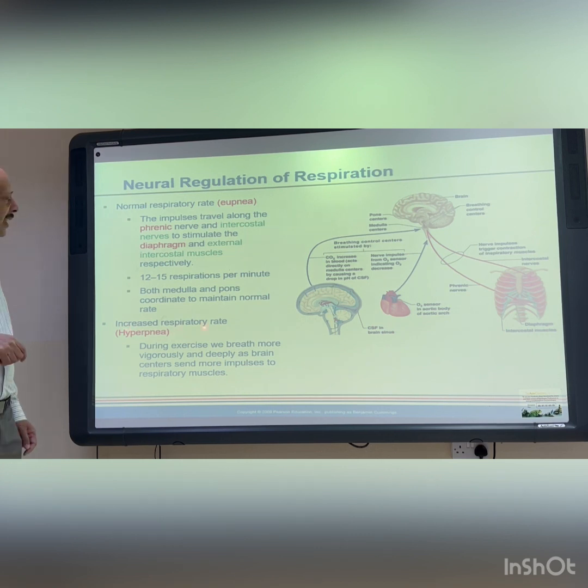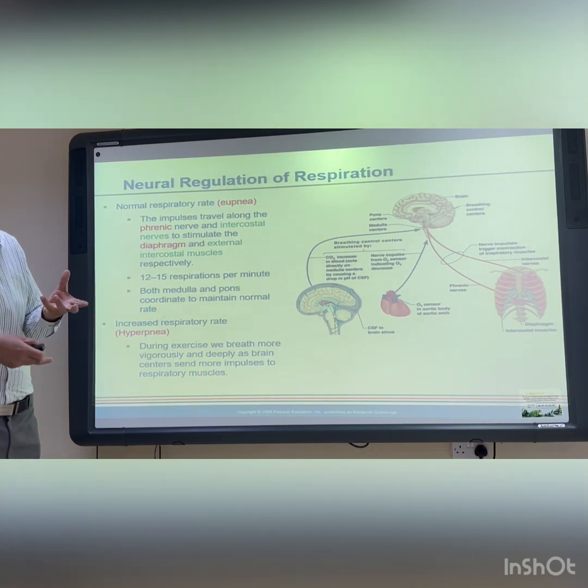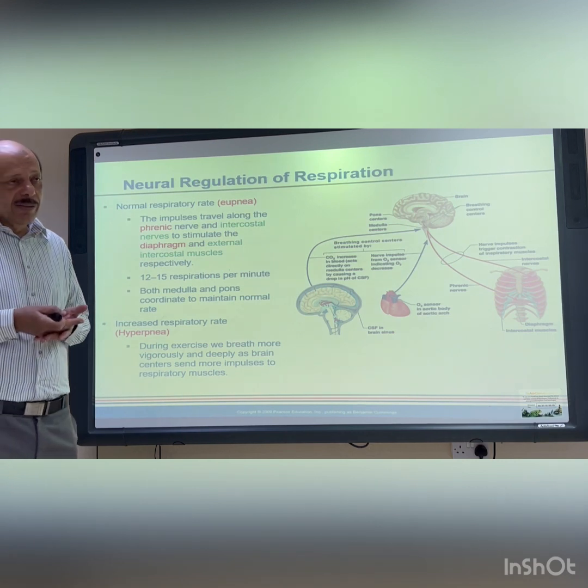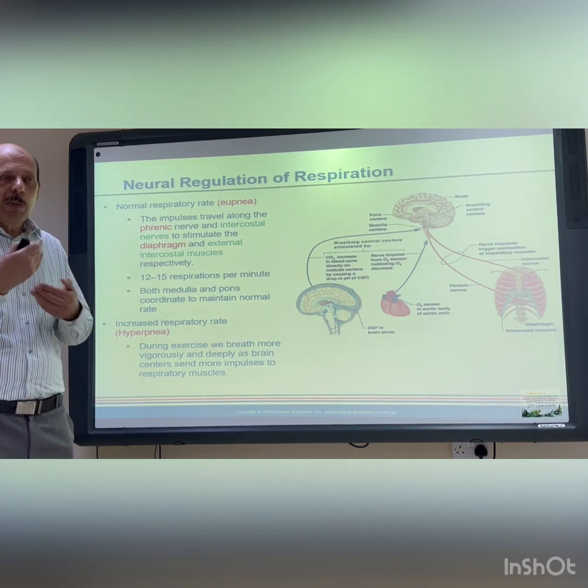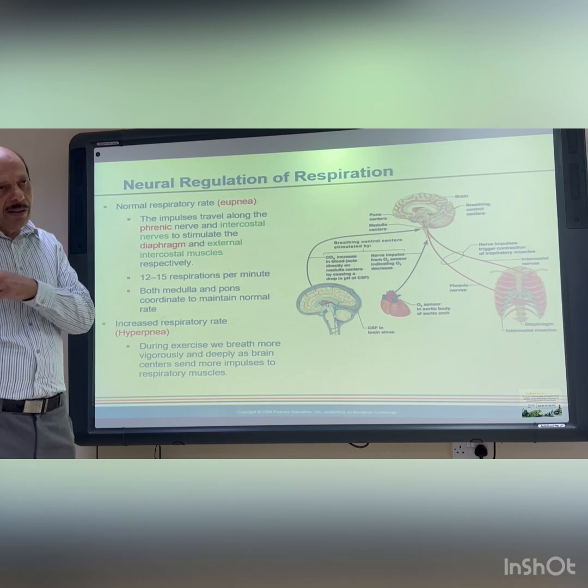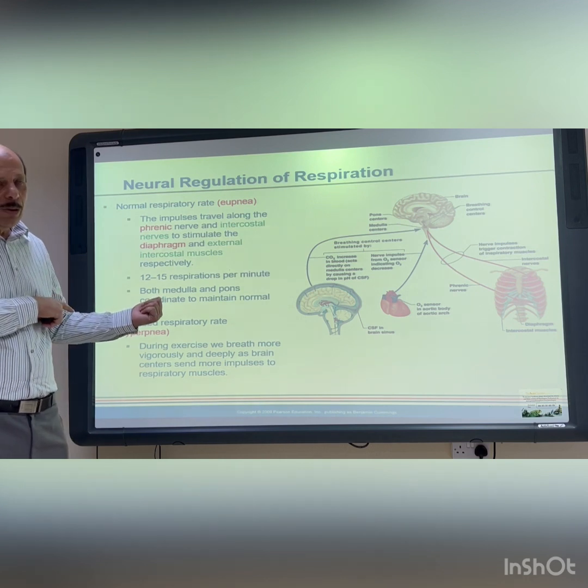The increased respiratory rate, we call it hyperpnea. Hyperpnea is an increase in the respiratory rate. During exercise, the demand for oxygen will be more because the muscles will consume more energy, and in order to produce energy we need nutrients and we need oxygen.